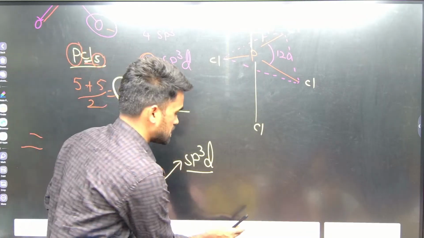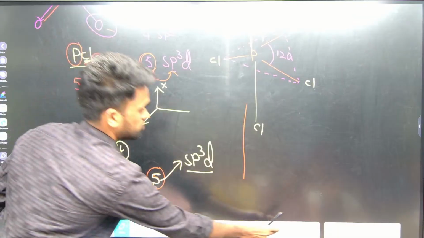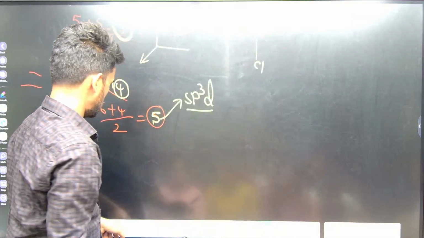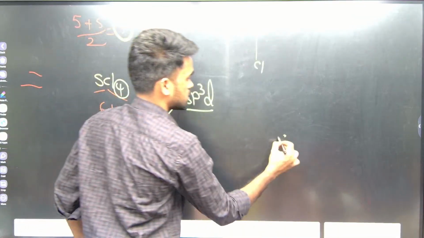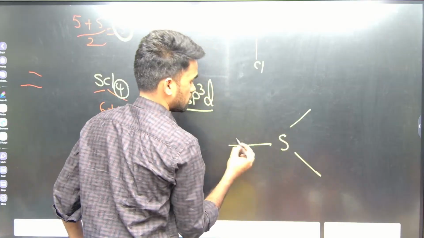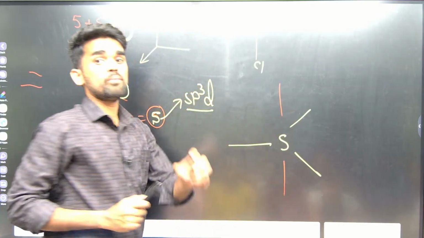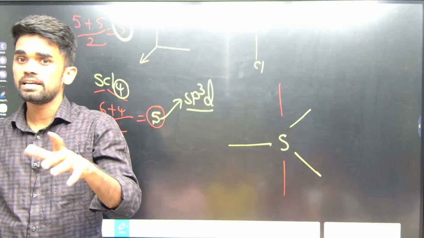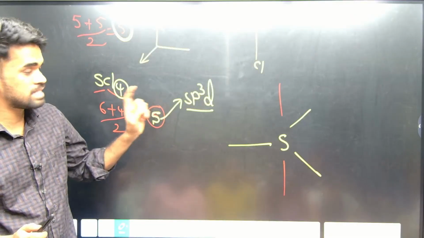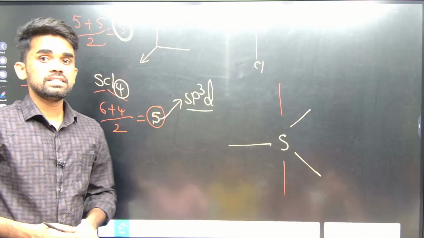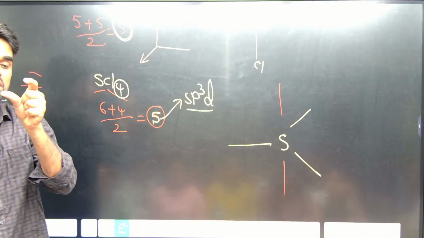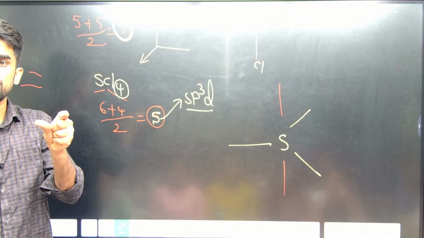Everyone got this? Yeah. So let us try to draw the structure. S, like this. How many positions I told you? Axial and equatorial. So now which is axial here? See, now whenever there are lone pair electrons, what I am saying?